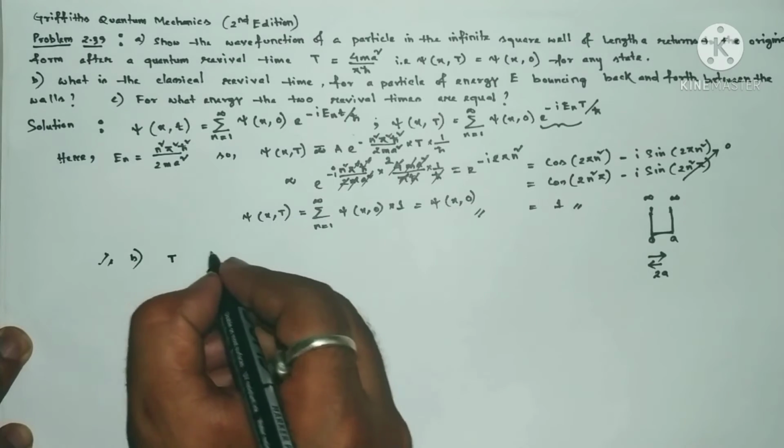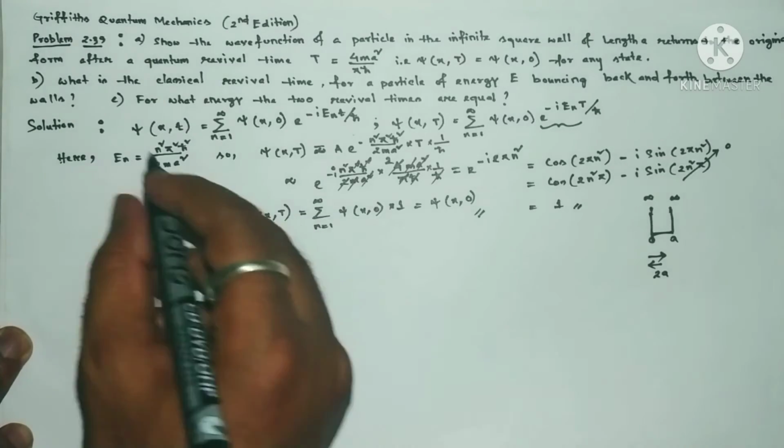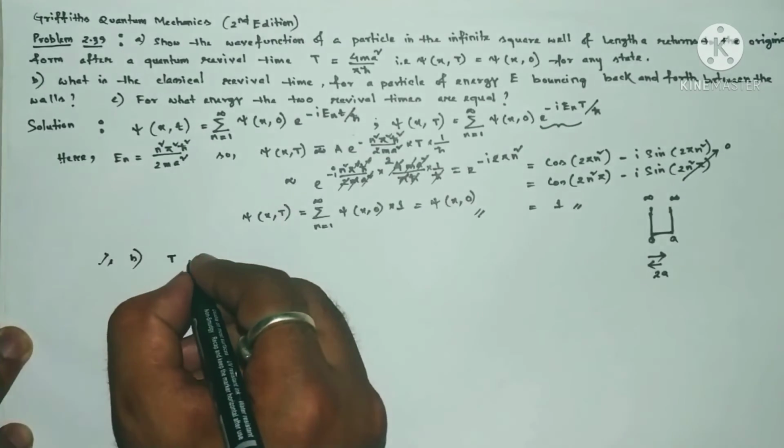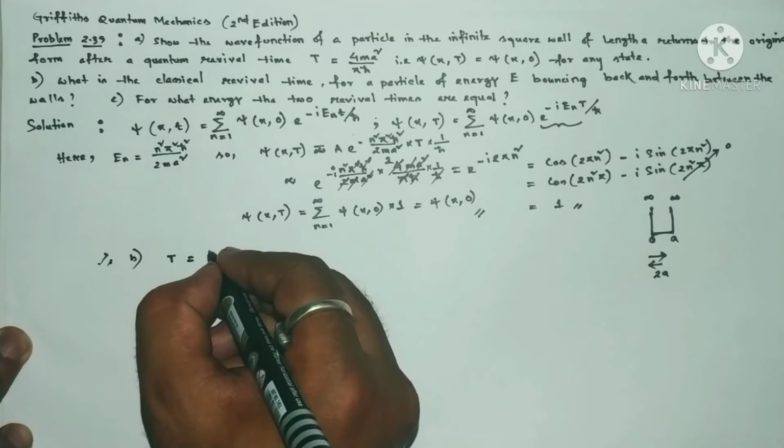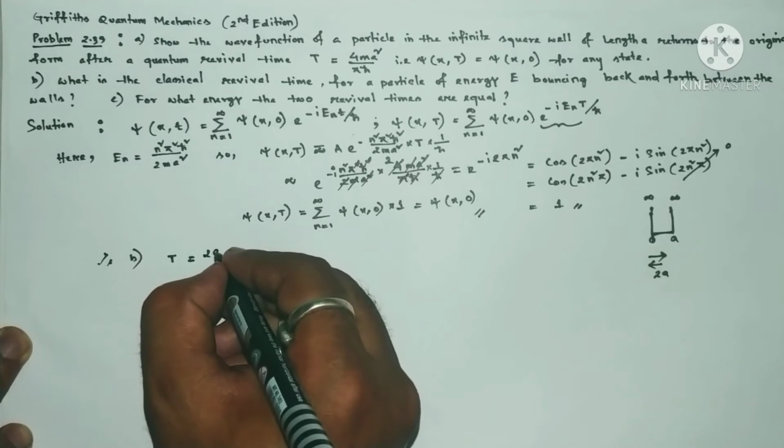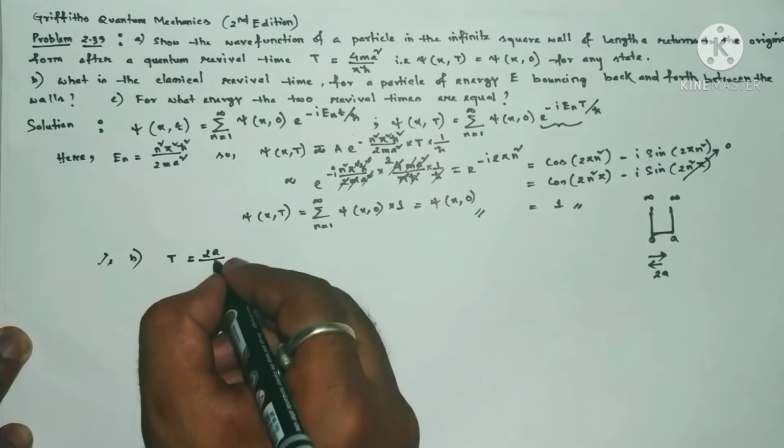In order to find the classical revival time, time equals distance, that is 2a, divided by velocity, right?